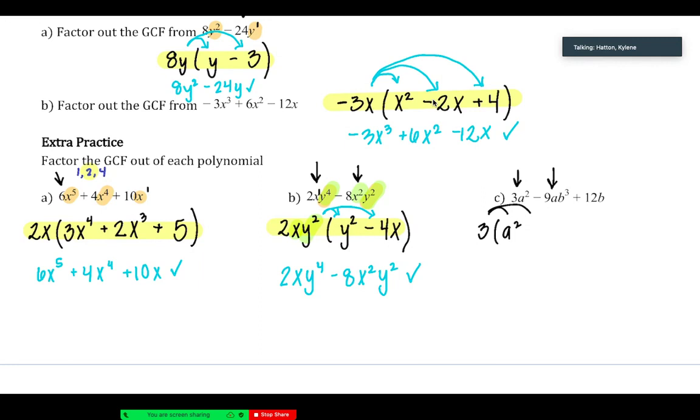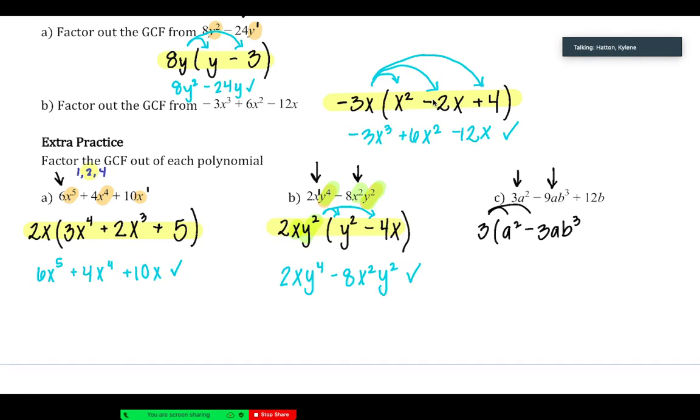Well, I'd have to do 3 times negative 3 to get negative 9. And then I would also have to multiply in an a, b to the third power, because with this 3, I'm not starting with any variables. So whatever variables I'm trying to get back to, I'm going to have to multiply those in. So 3 times negative 3 is going to get me to negative 9. And then I also have to multiply in the a, b cubed.